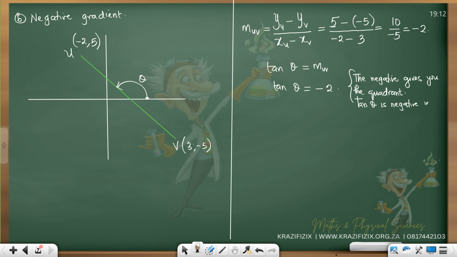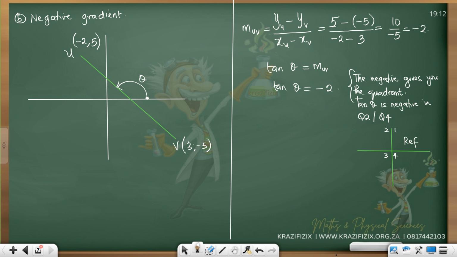Talk to me. Which quadrant? Where is tan negative? Thank you, Bonolo. In quadrant 2 and 4. Please get through the general solution lessons, please. It's really going to be of assistance to you.